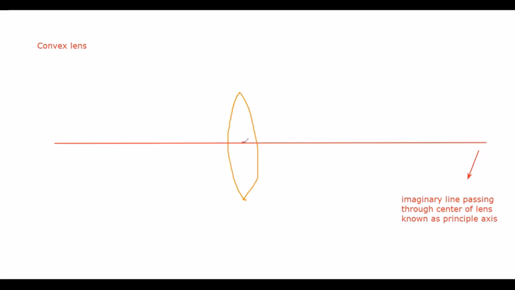The center of the lens is known as the optical center. The lens has a center; we call it the optical center.